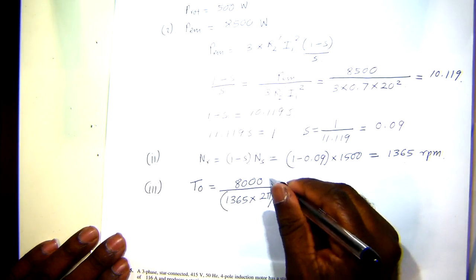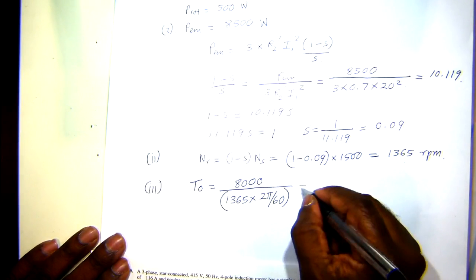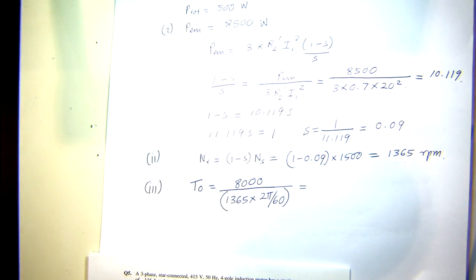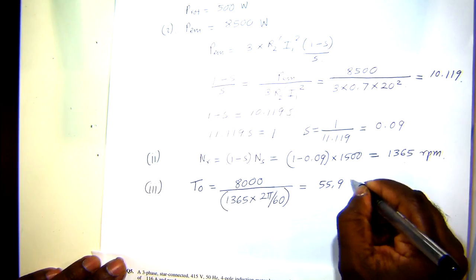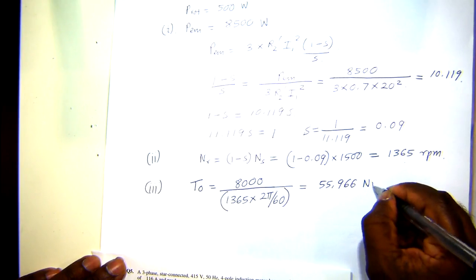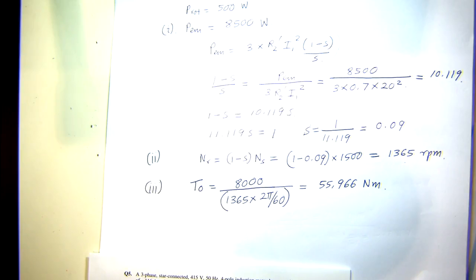So this is in watt, this is in radians per second, and this value will be the output torque. So we have 55.966 Newton meter useful output torque.